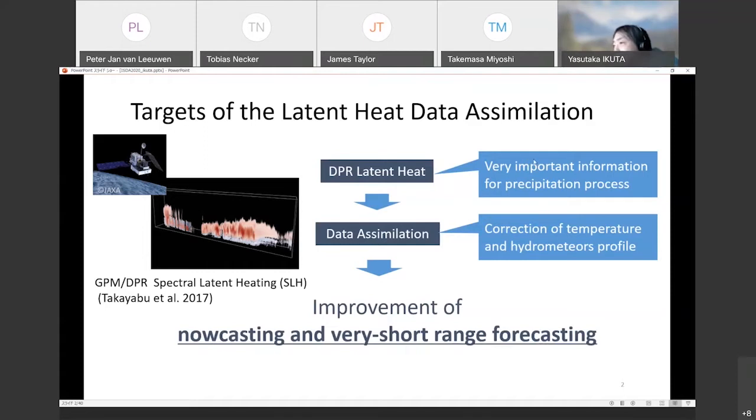Latent heating is very important information for precipitation processes. The latent heat can be used in the simulation to modify the temperature and hydrometeors inside the precipitation system. So the data assimilation improves the accuracy of nowcasting and short-time forecasting by improving the initial condition, by assimilating the SLH.